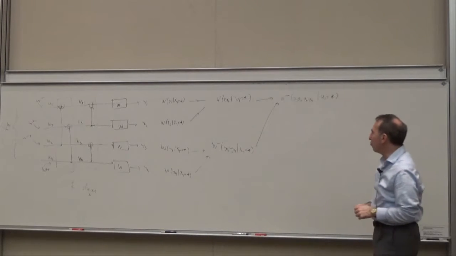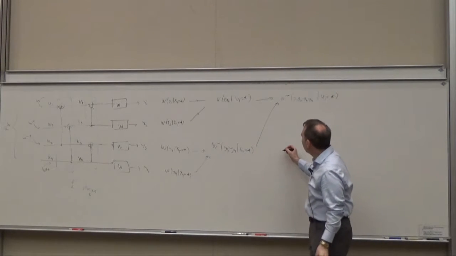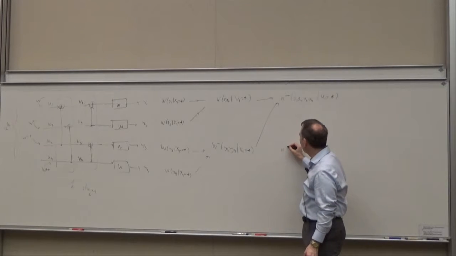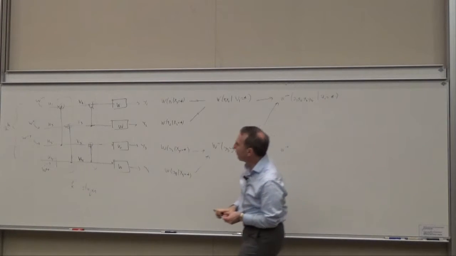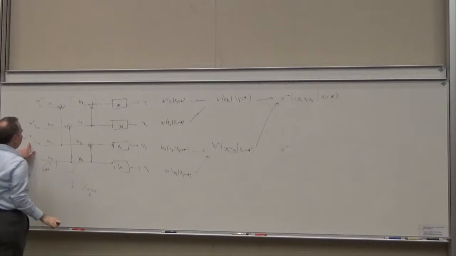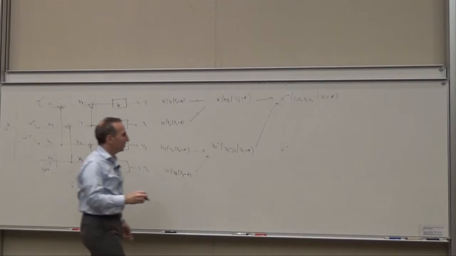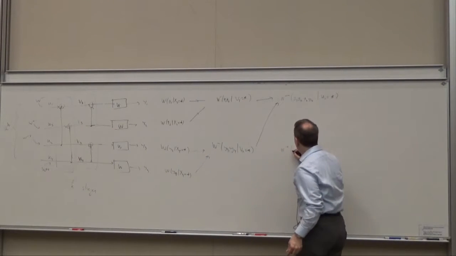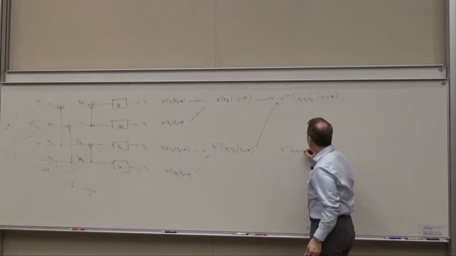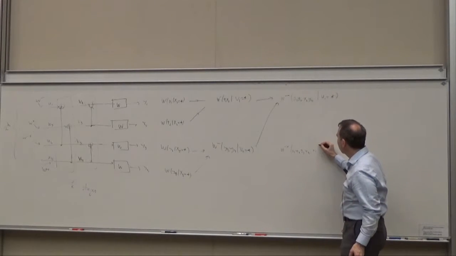Now you have decided u1. Now you want to decode U2. For U2, you're supposed to compute W. U2 is traveling over the channel minus plus, W minus plus of Y1, Y2, Y3, Y4, given 1.